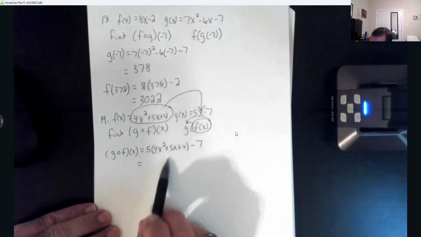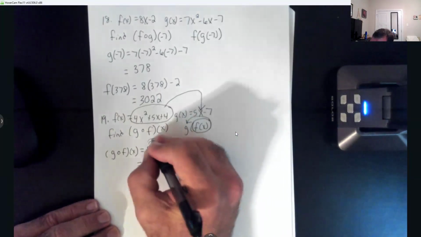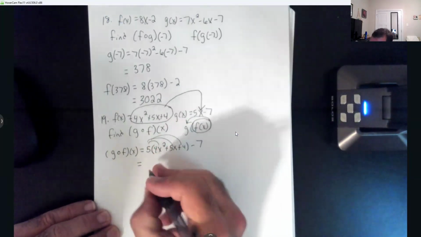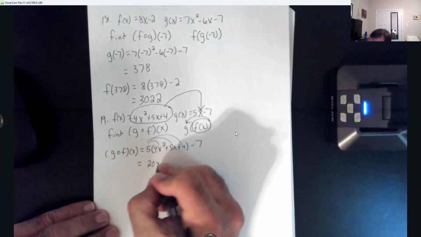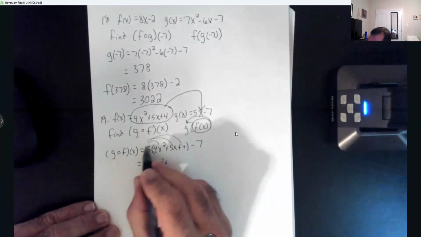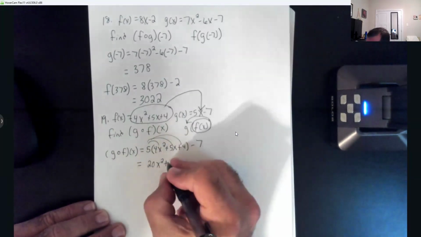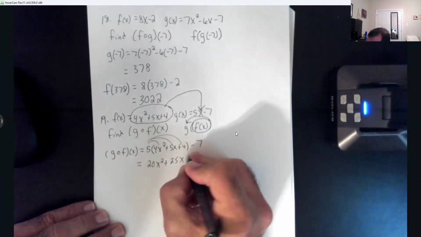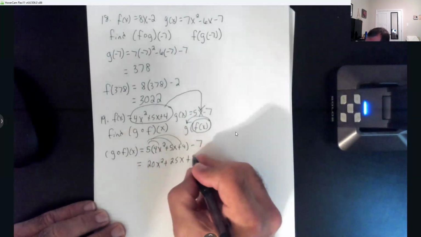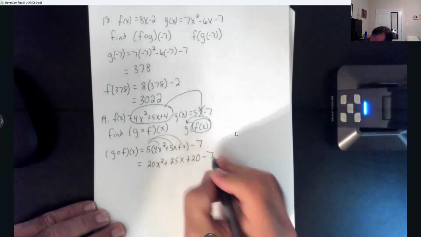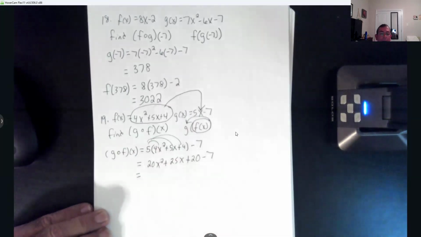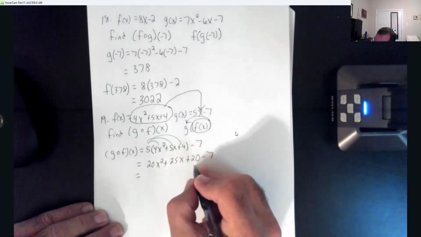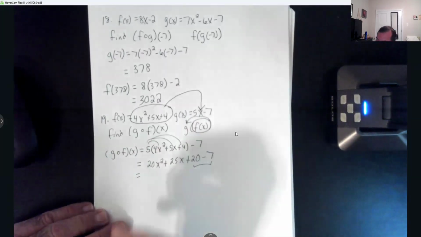So y'all, it's a matter of distributing your 5 through the parentheses so that we get a 20x squared plus a 25x plus a 20 and then minus 7. You know, if you notice, all I can do is add those like terms.